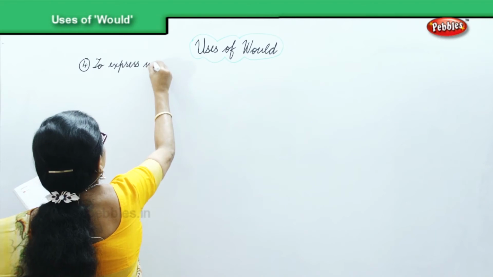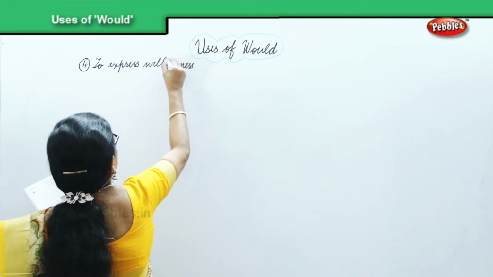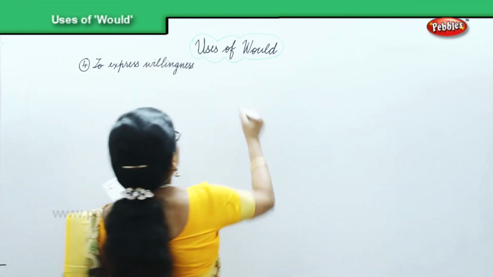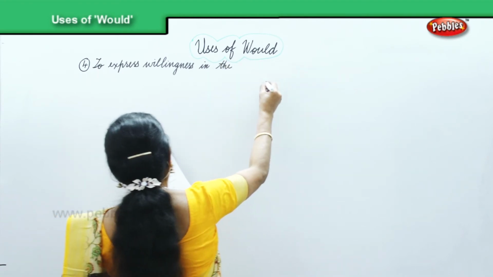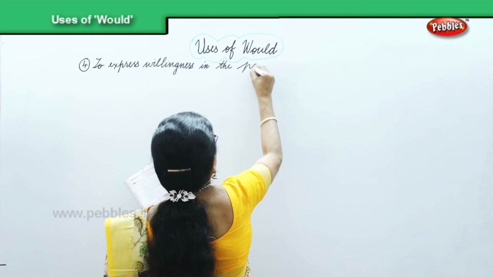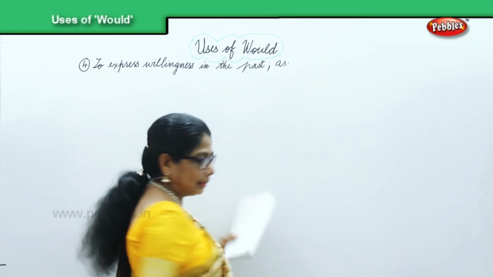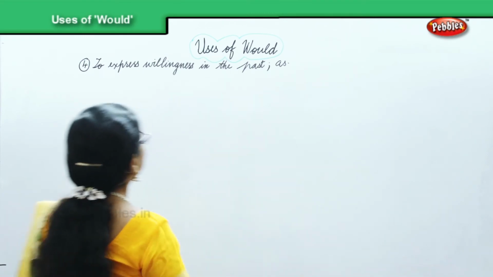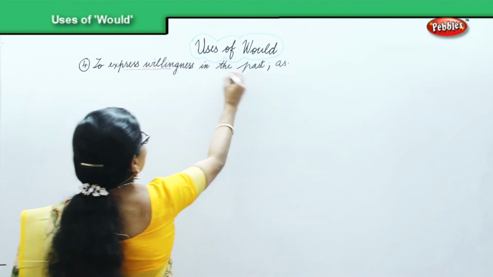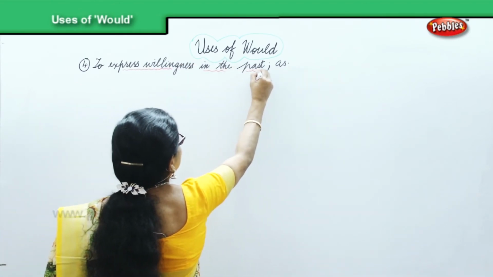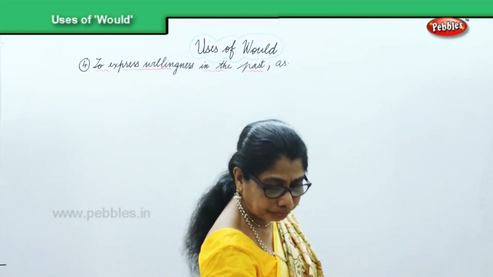Let's look at the sentences. So the fourth category is to express willingness in the past.